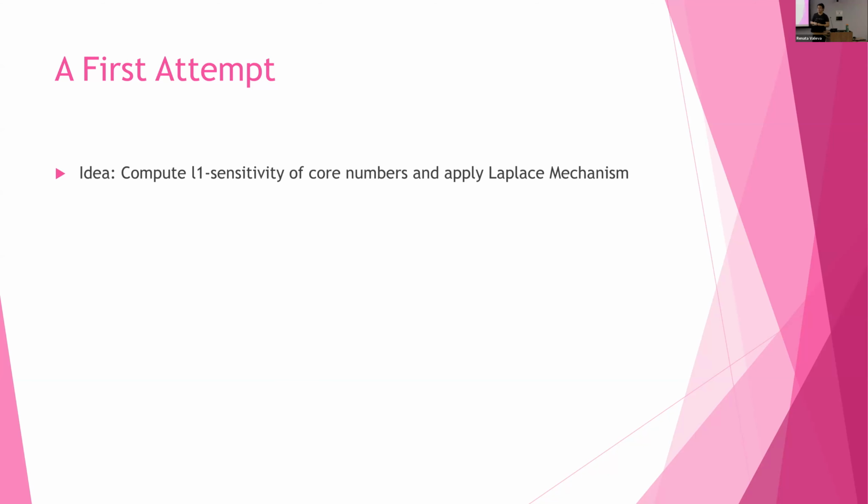In order to do that, we have to compute the L1 sensitivity of the vector of core numbers. The problem with this approach is that it turns out the L1 sensitivity of the core number vector is theta n.